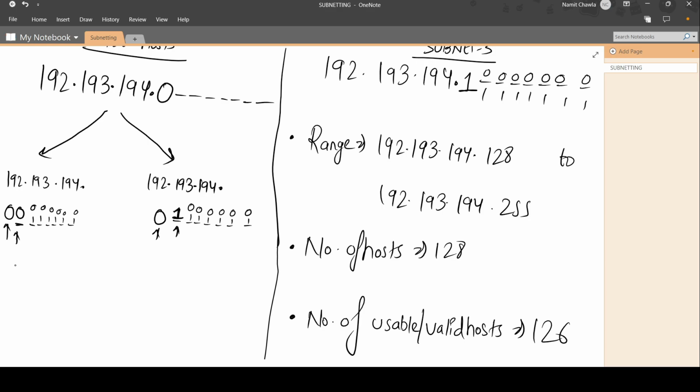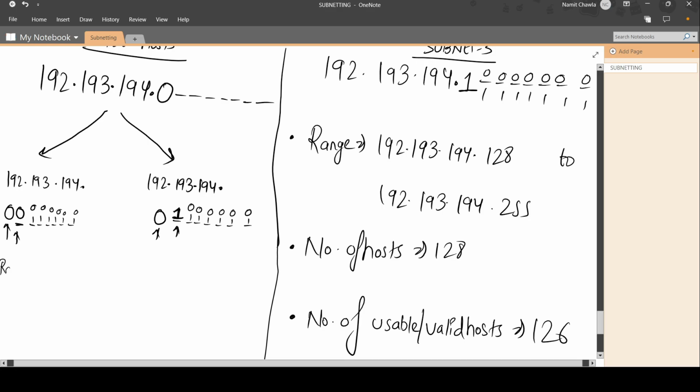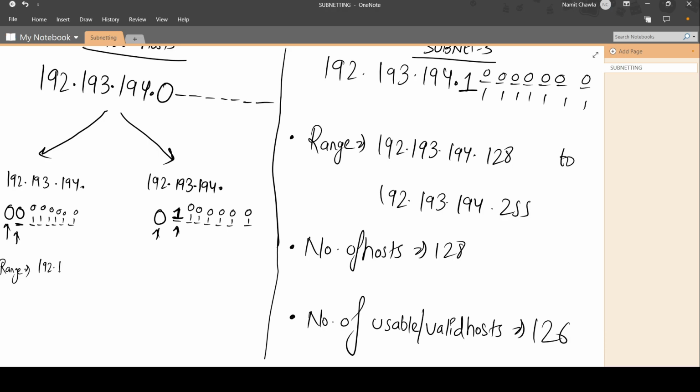Okay, now write the range. Alright, write the range: 192.193.194.0 to 192.193.194.63. You can calculate.